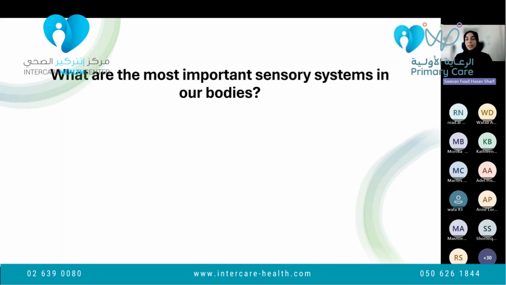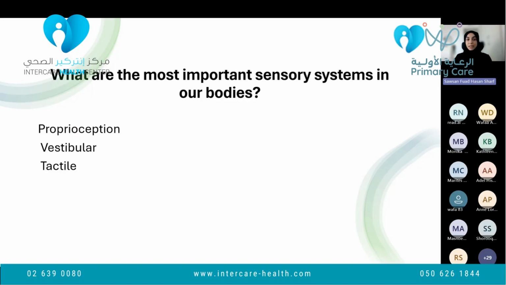Generally, we have the three most important sensations in our body. First the proprioception, then the vestibular, then the tactile. Because if we think about it, most of our daily activities require us to feel ourselves and our body and also to be more balanced and coordinated.